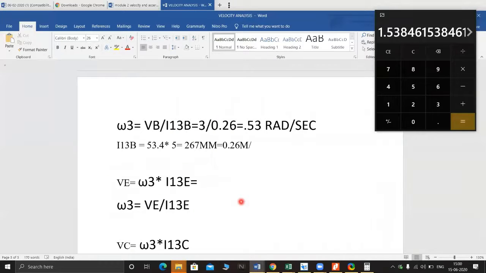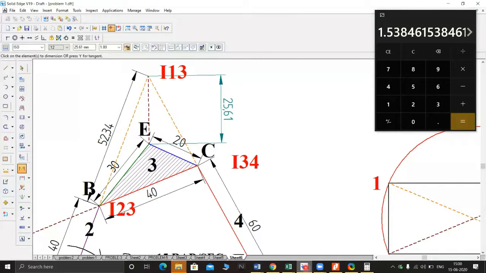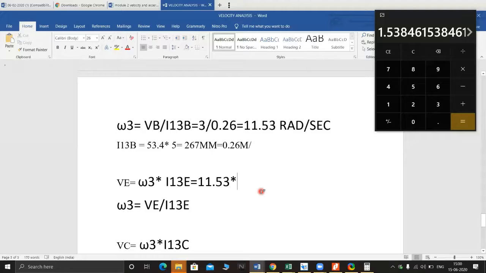This is equal to omega 3, how much did you say? 11.53, right? 11.53 into I13E, how much did we get? 25.61. Anyone do it? 295.28.